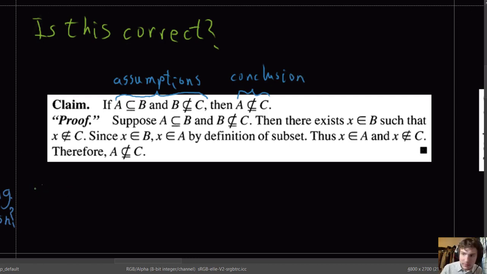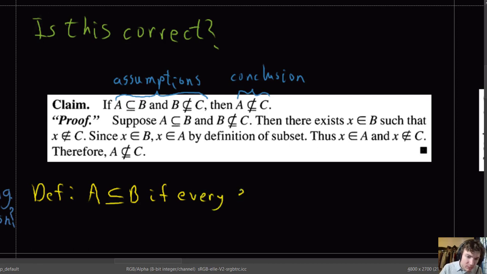A is a subset of B if every element of A also belongs to B.